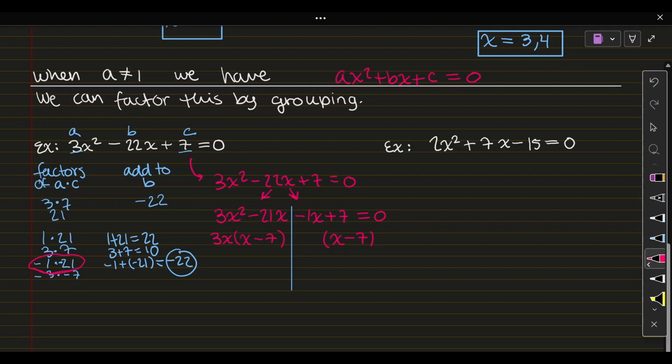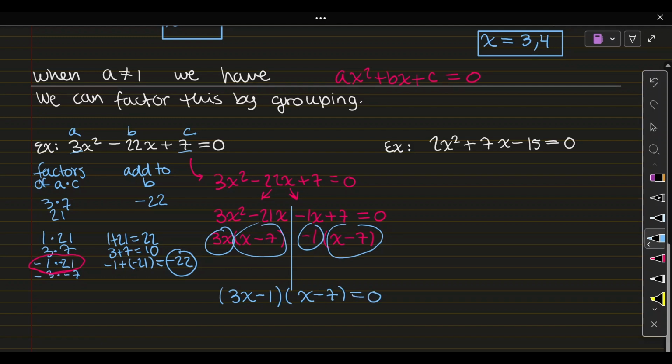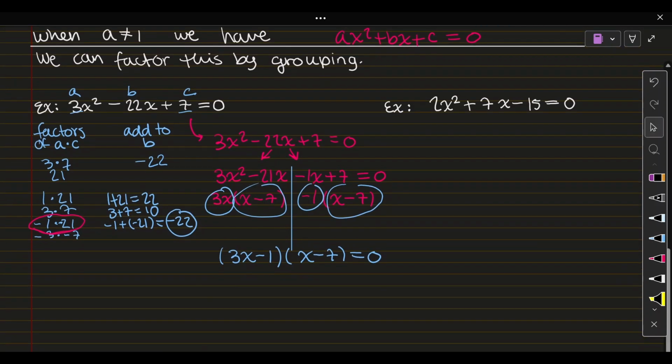I want to factor something out to get x minus 7, and I notice that it's just off by a sign, so I can factor out a -1. Cool. Now I can rewrite this by taking these two factors out front, 3x minus 1, and this factor here, x minus 7 equals 0. And that is my factored form.